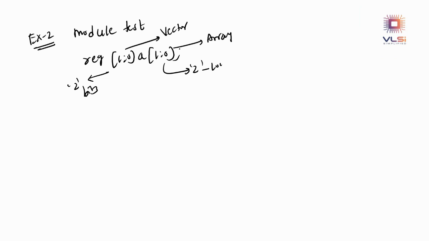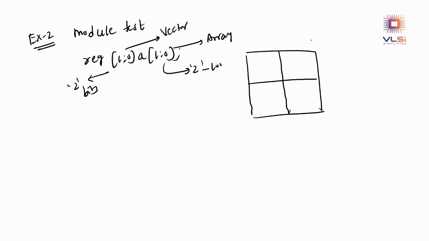So in total you have 2 locations, 0 and 1, and each location is of 2 bits. Why? Because you initialized the vector. So each is 2 bits.